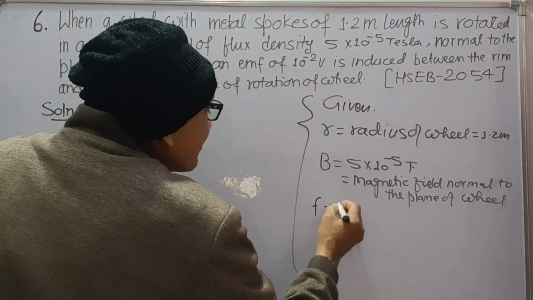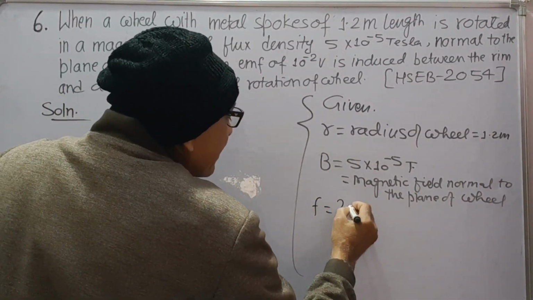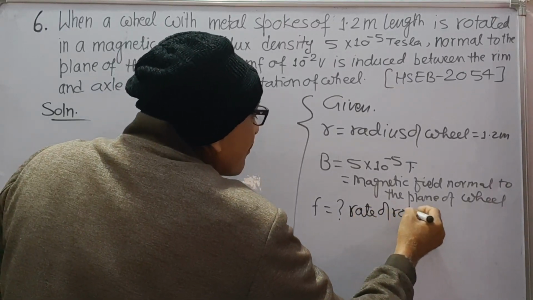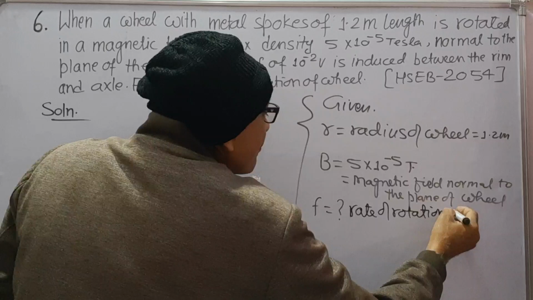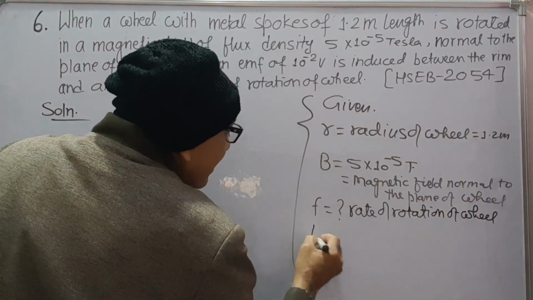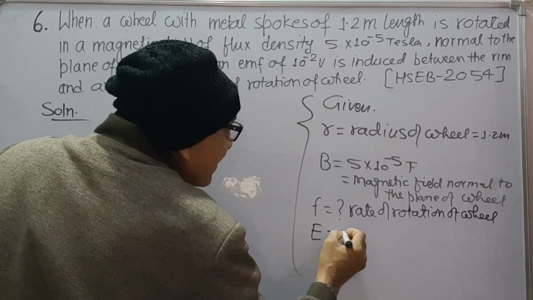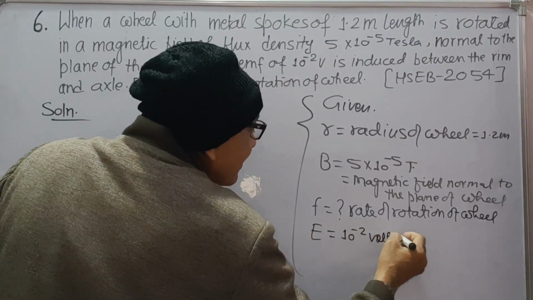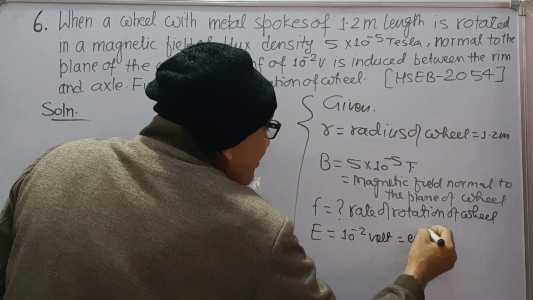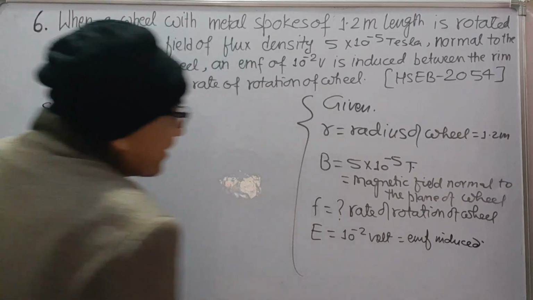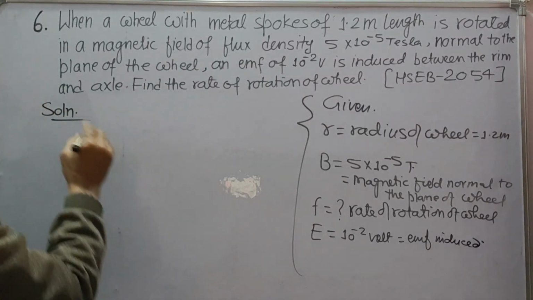Rate of rotation means frequency is what? If induced EMF is 10 to minus 2 volt. This is the EMF induced between the rim and axle. Now solution.